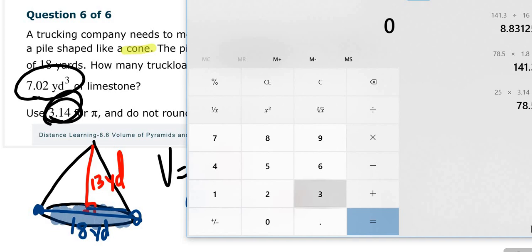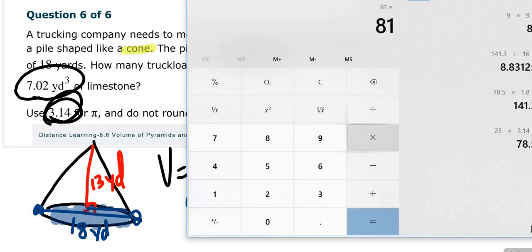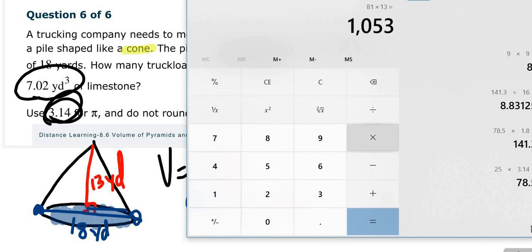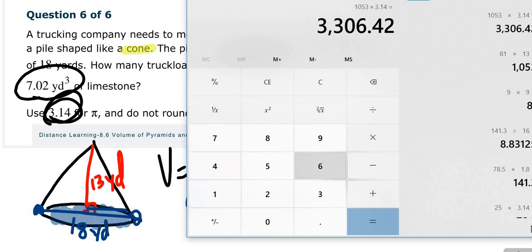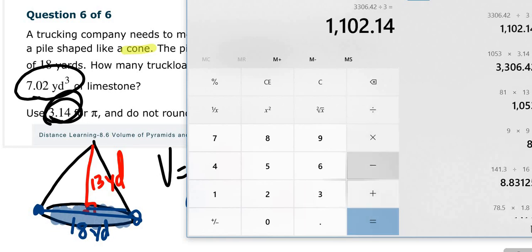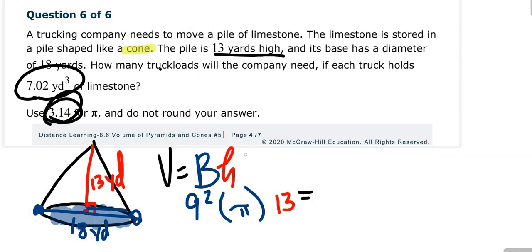So this was 9 times 9 times 13 times 3.14, and then it's divided by 3 because it's base times height over 3. So we get 1,102.14.